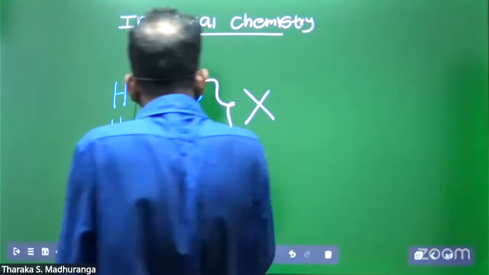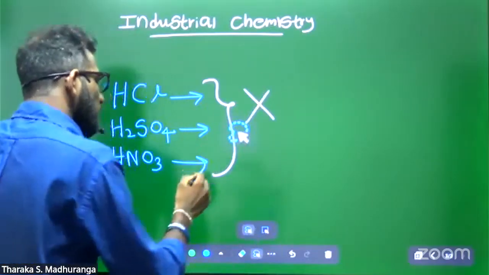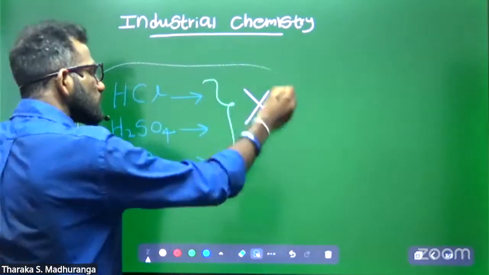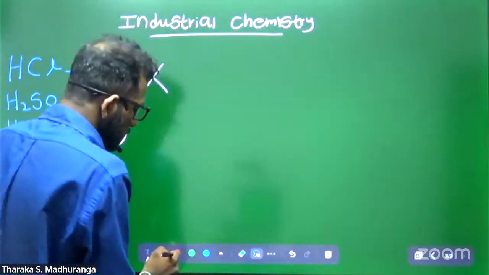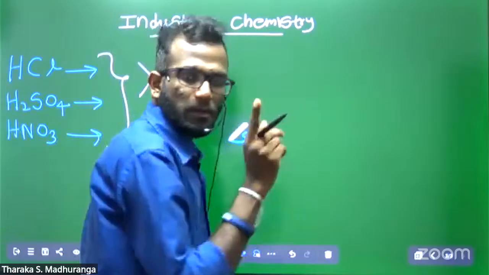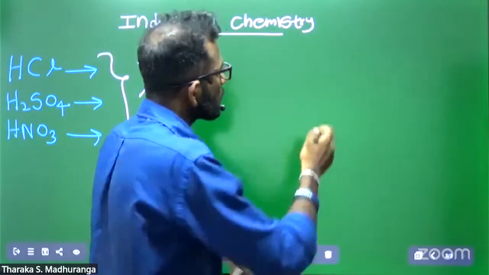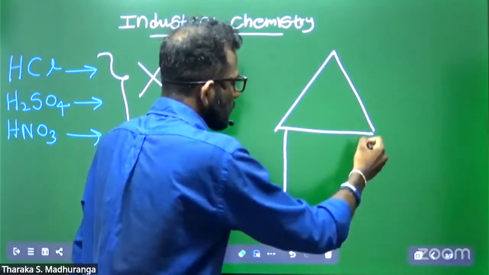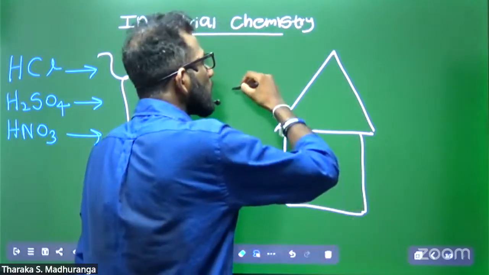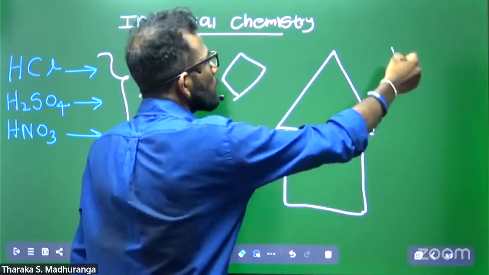because if you start to produce acids in any industry, you have to select an industrial zone in a low population area.